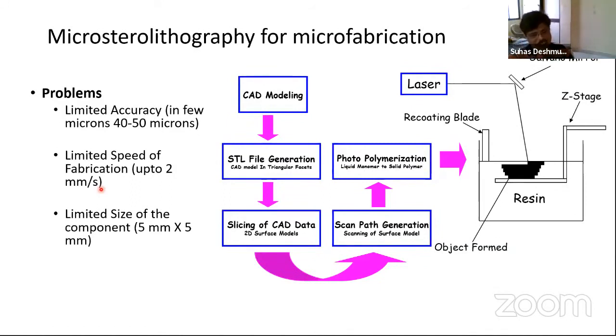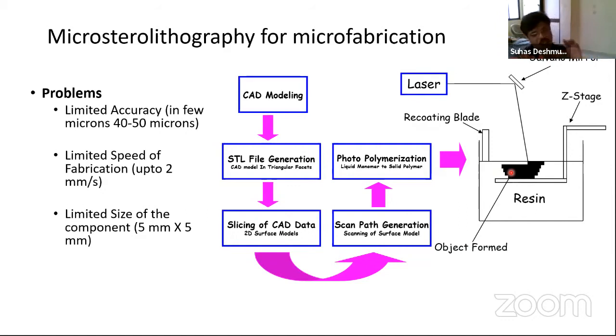I put it into hardly 2-3 slides. The idea behind this problem was that a stereolithography system currently exists, and that system scans the laser in X and Y direction and cures the part, so that liquid is converted into solid. So whenever we convert liquid to solid using a laser beam, what matters is the size of the spot used.